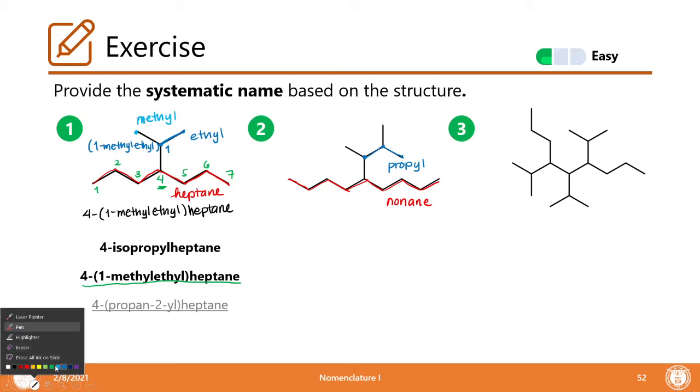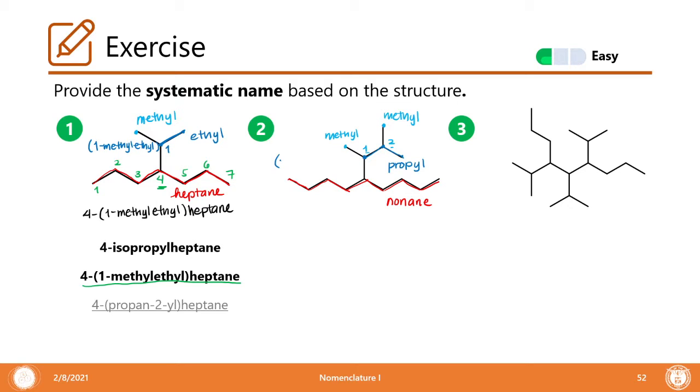Okay, and then at these 2 positions, what are those 2 positions? 1 and 2. We have methyl and we have another methyl. So we have 2 methyls at 2 different positions, and so when we write the complex substituent name, we will write it like this.